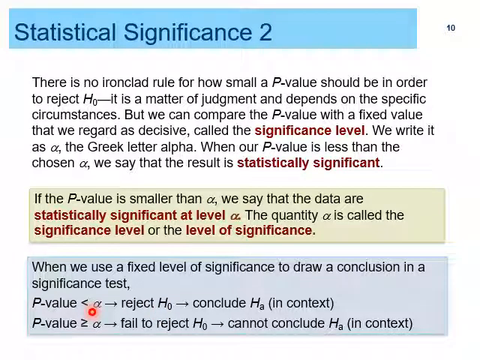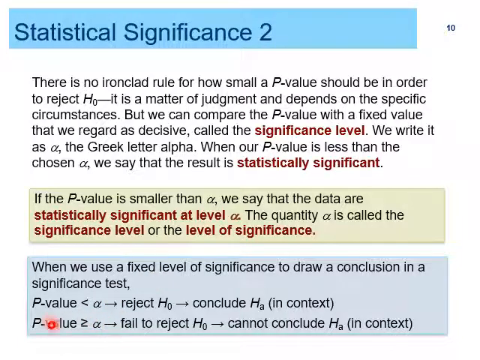If, for example, you're talking about the 95% confidence interval, your alpha for a one-sided test is 0.05, and if your p-value is less than 0.05, say you got something like 0.02, then you will say that we reject the null hypothesis.